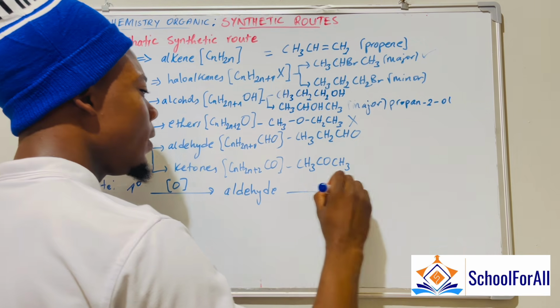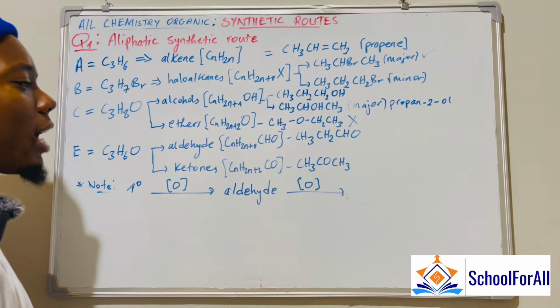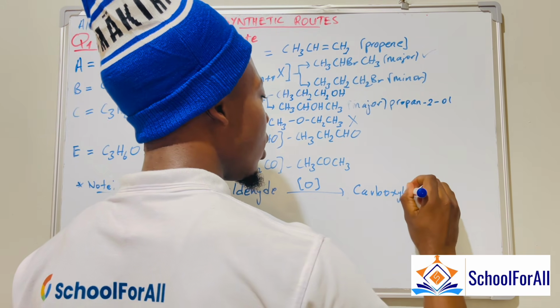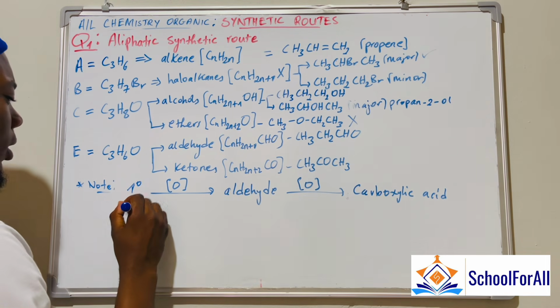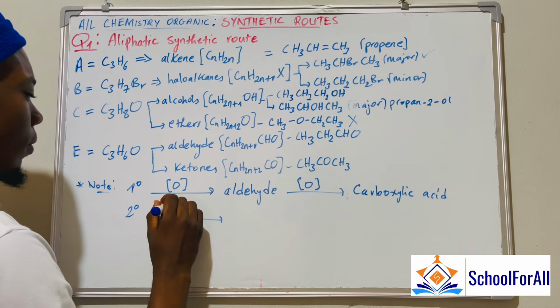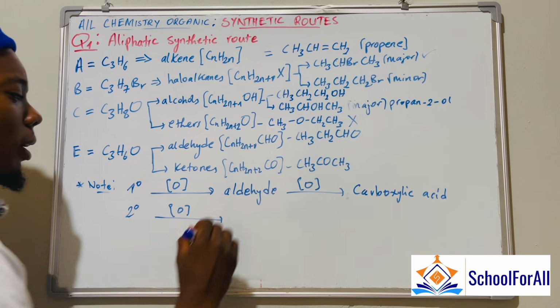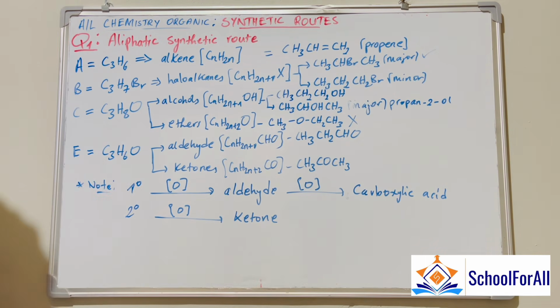But if the oxidizing agent was in excess, I can further oxidize it to a carboxylic acid. If I am having a secondary alcohol and I perform an oxidation reaction, I will form a ketone.